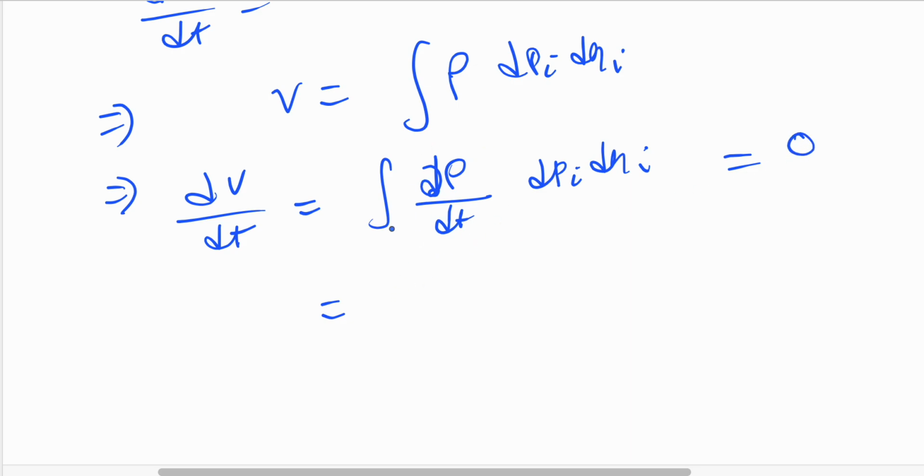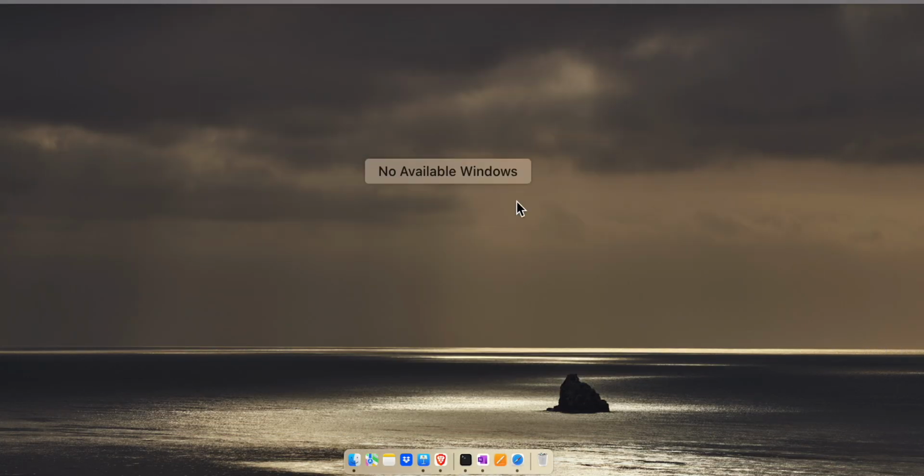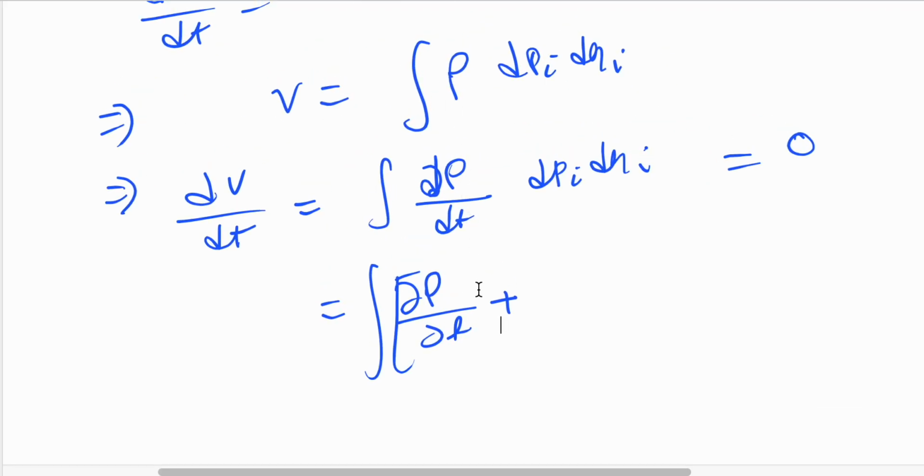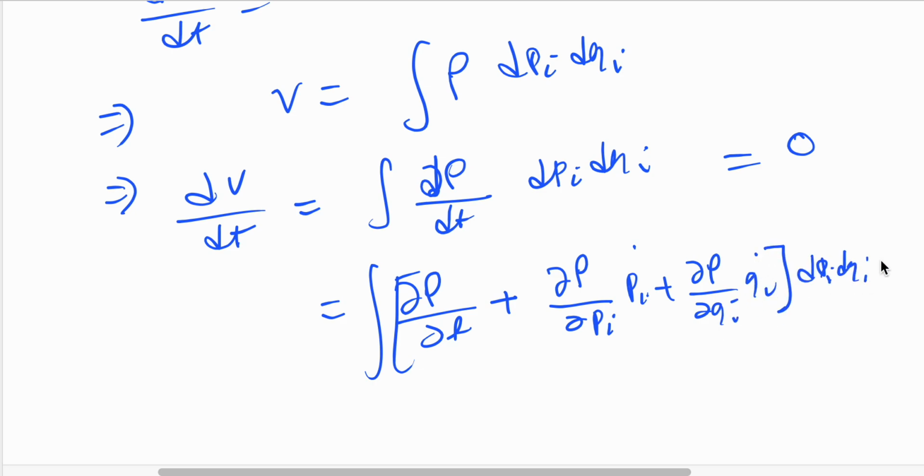So if we expand this, it will become the integration of del rho del t plus the gradient of rho dotted with V, that is del rho del pi into pi dot plus del rho del qi into qi dot, dpi dqi, equal to 0.